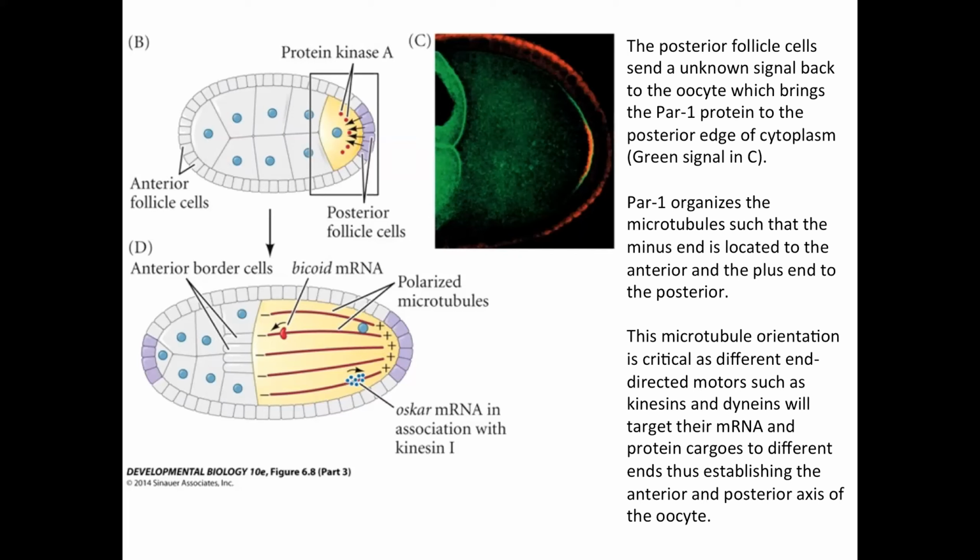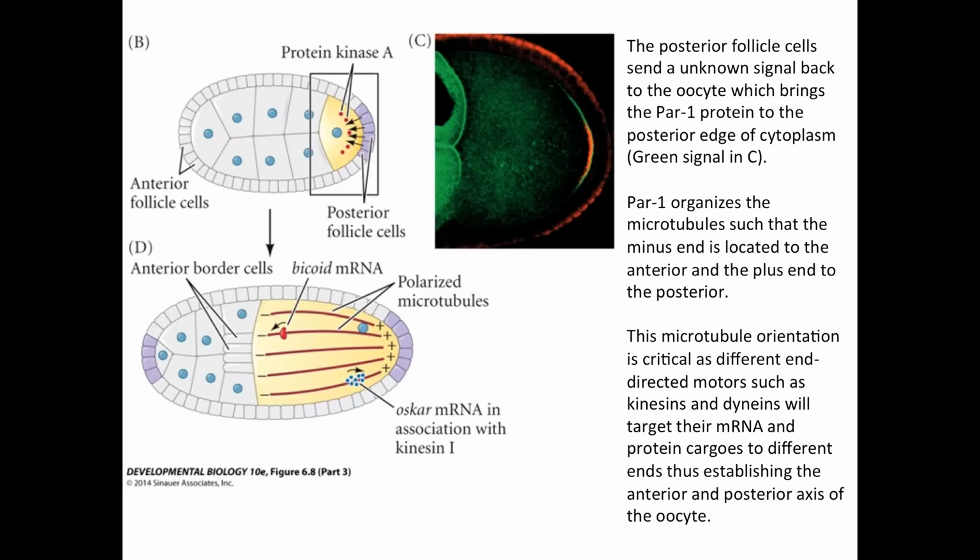So the orientation of these microtubules will employ different motors. And the motors will then be important for localizing the specific mRNAs or the cargos to different ends, the anterior and the posterior, right?